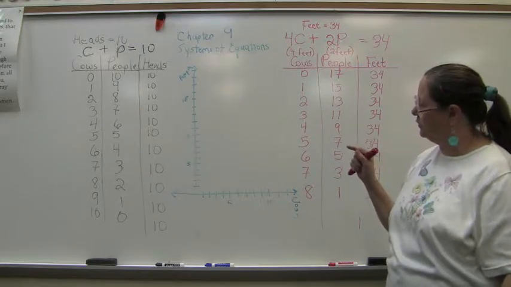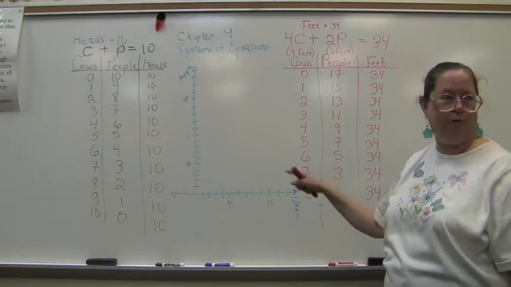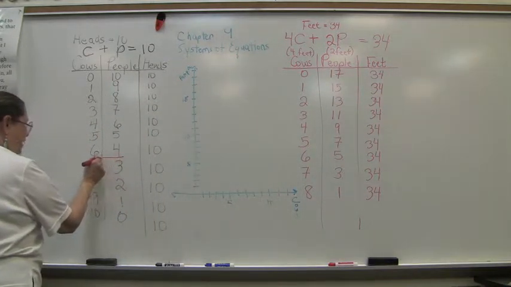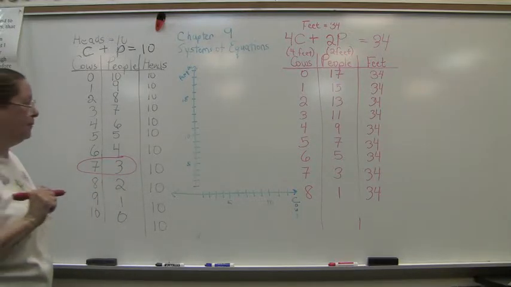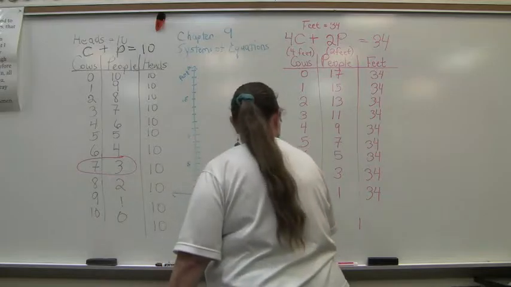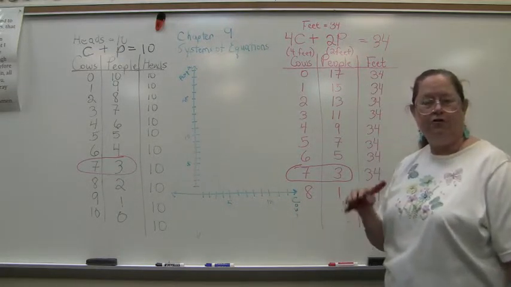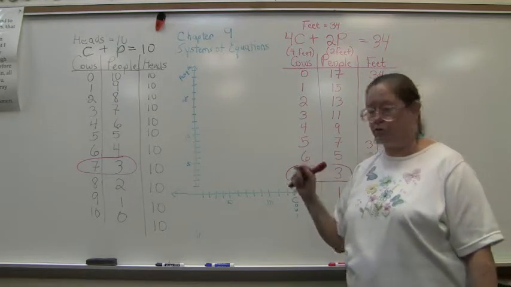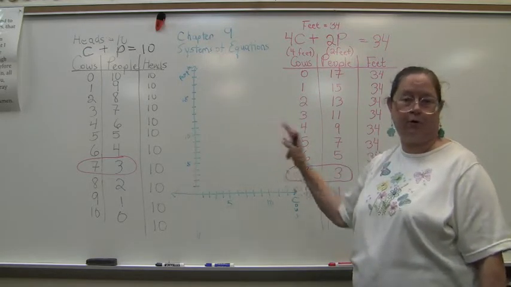And if you look over here, our common answer in both of our tables is where we have 7 cows and 3 people. And over here, 7 cows and 3 people. So 7, 3, or 7 cows and 3 people satisfies both requirements, both equations.